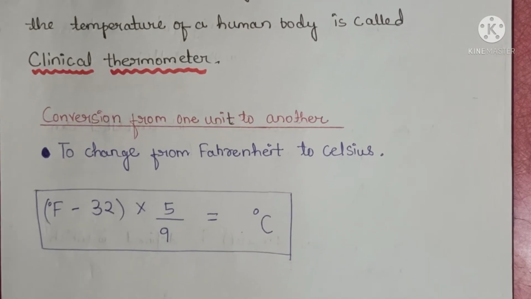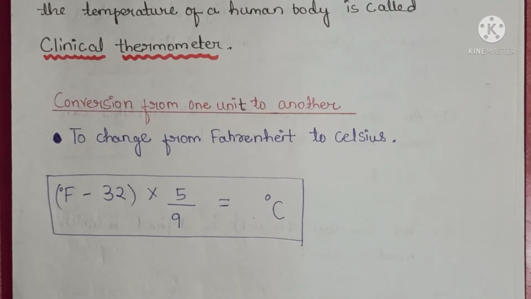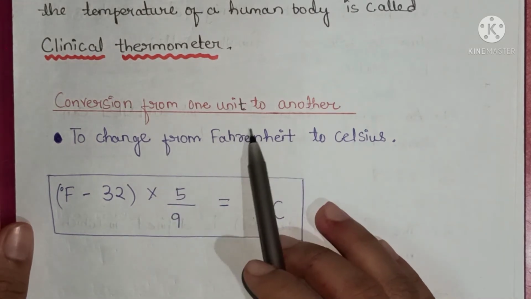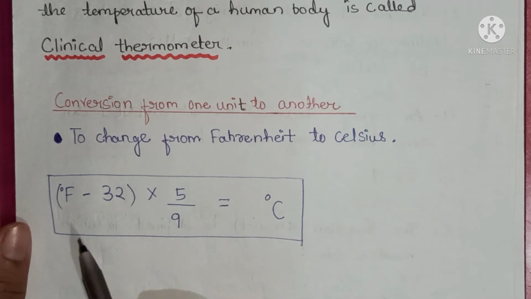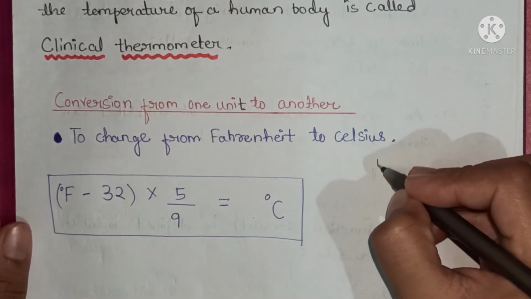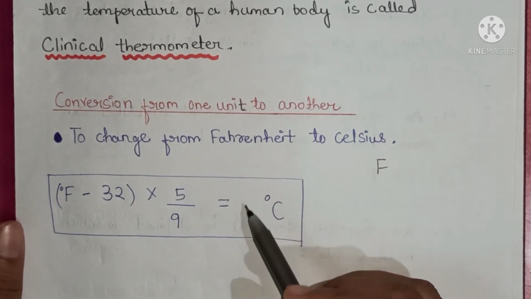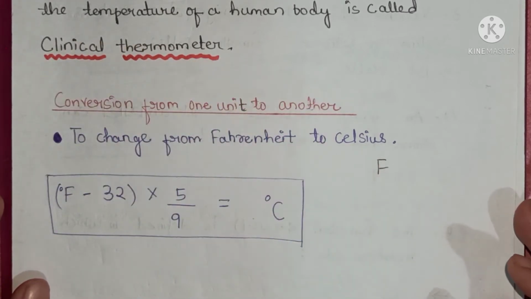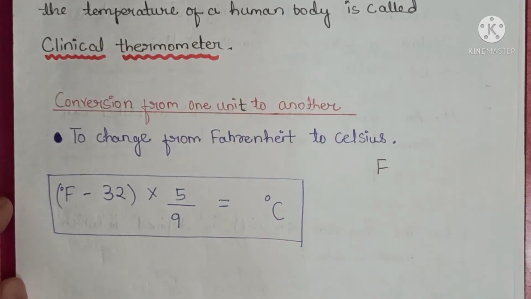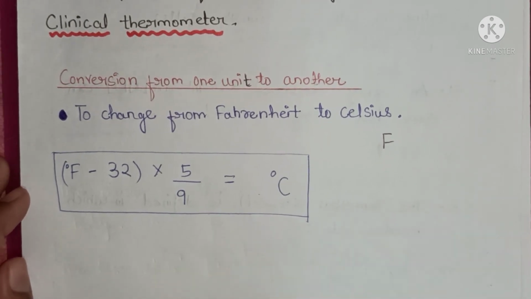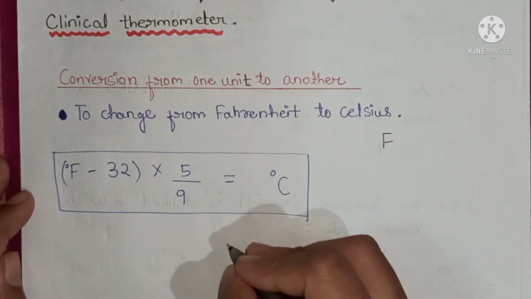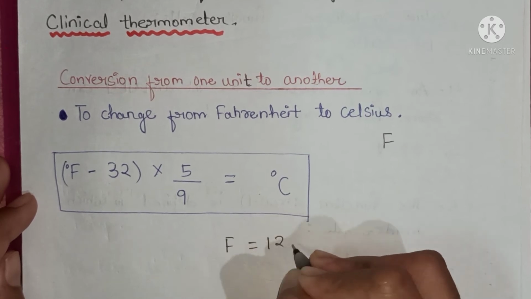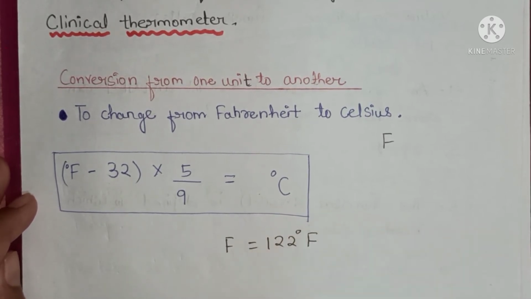Now we will learn how we can convert from one unit to another, to change from Fahrenheit to Celsius. If the unit is given in Fahrenheit, F, and we have to change it into Celsius, then what is the formula that we can use to convert? Okay, so suppose F is given as 122 degree Fahrenheit.